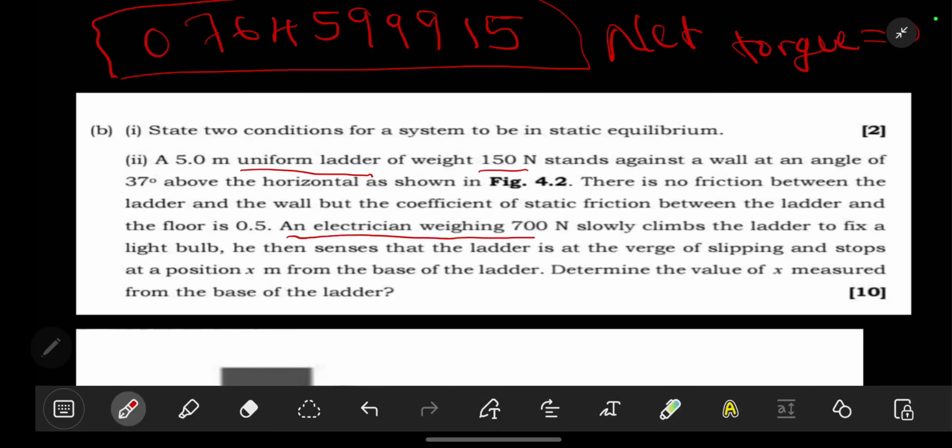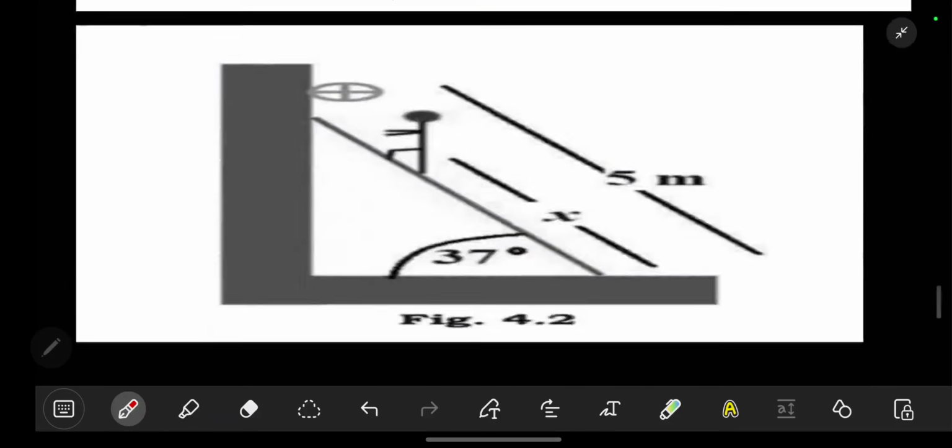An electrician weighing 700 newtons slowly climbs the ladder to fix a light bulb. He then senses that the ladder is at the verge of slipping and stops at position X, in meters from the base of the ladder. Determine the value of X measured from the base of the ladder.